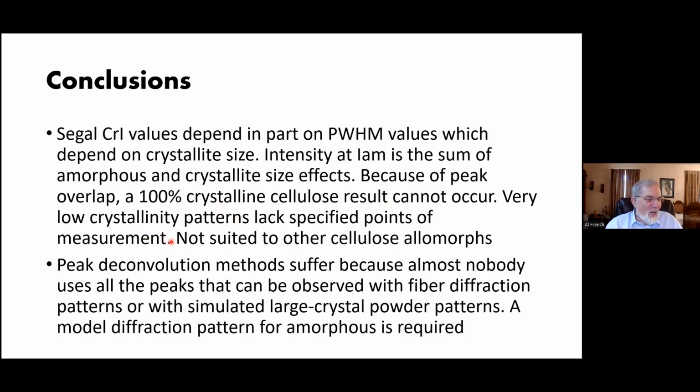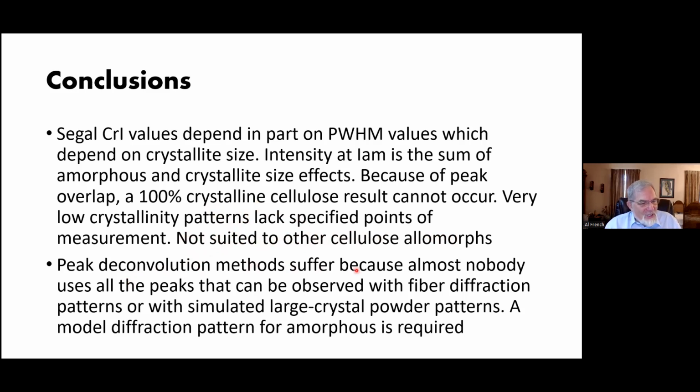The whole thing is more or less amorphous, so it's not really suited to looking at low crystallinity values, because the maximum in the amorphous occurs at about 20 to 21 degrees in our current measures of amorphous, instead of Segal's 18-degree value. The other allomorphs have peaks right there, and so you can't measure the maximum height of the amorphous material, and so forth. So it's only calibrated for Cellulose 1 cotton samples, to be more specific.